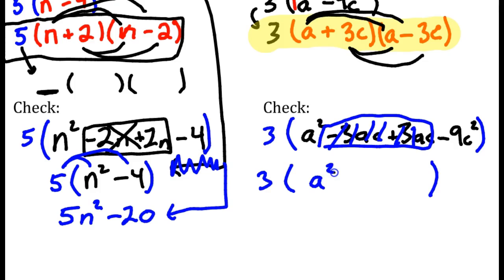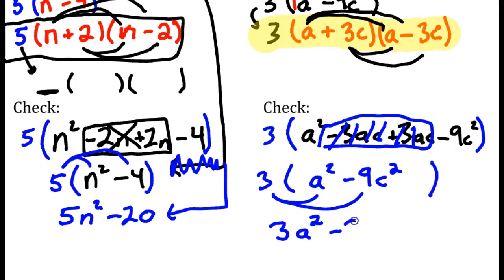And you're left with a squared minus 9c squared. Then go ahead and distribute it back in. So we get the 3a squared, and 3 times negative 9 is negative 27. Right? So basically you're doing each problem forward and backwards. Double check and make sure it's all correct. Okay, so I can leave you with that.